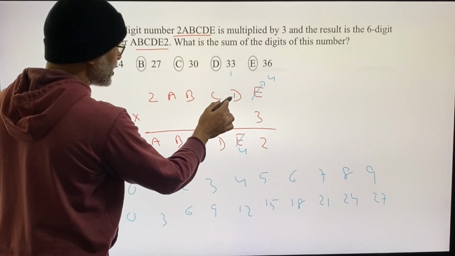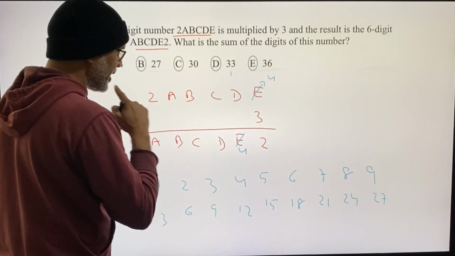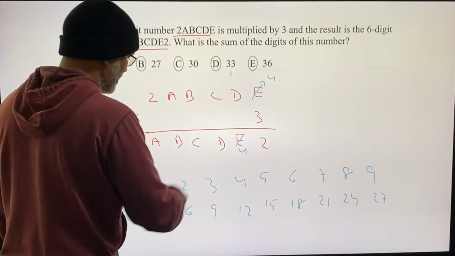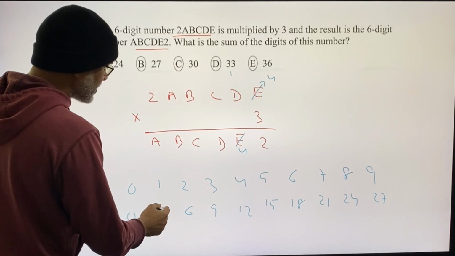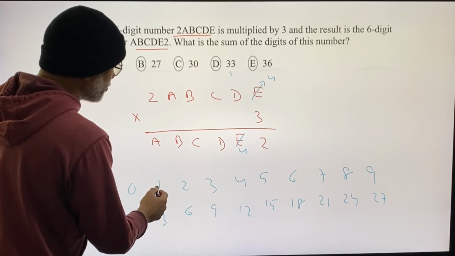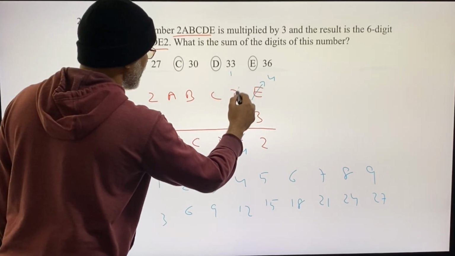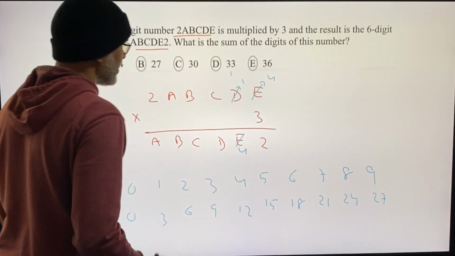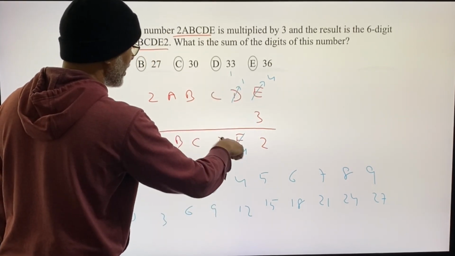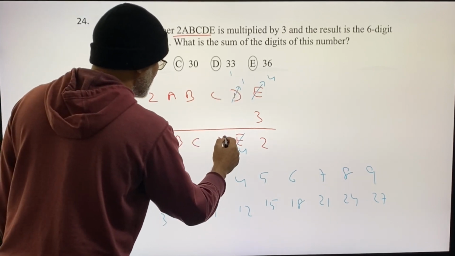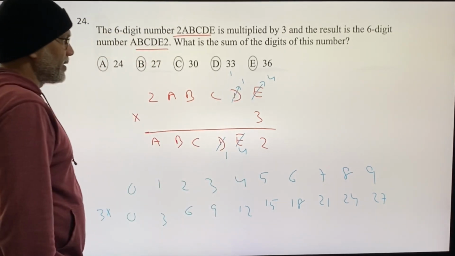So whatever I multiply, I must end up with a 3, so that when I add 1, I end up with 4. The only time that I end up with a 3 is 3 times 1, right? So D must be 1. So 3 times 1 is 3 plus 1, I end up with 4. Then D is 1.